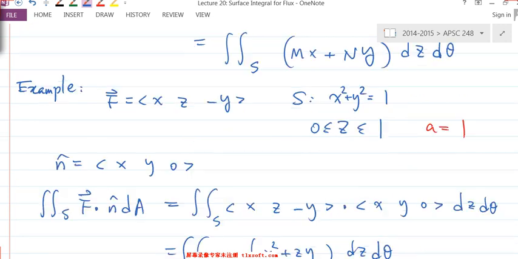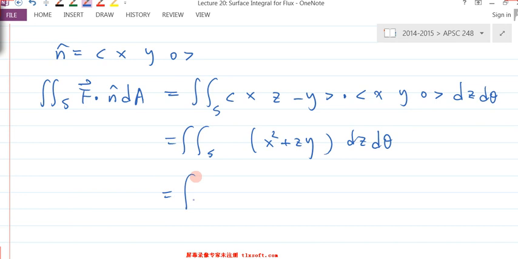So don't touch z; you don't need to touch that. What's x? A times cosine theta. A is 1, so cosine theta squared. y is A times sine theta. Okay? That's the replacement.